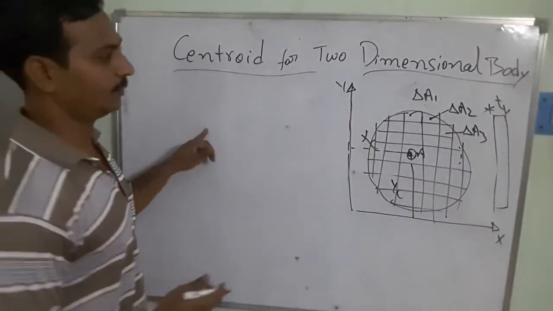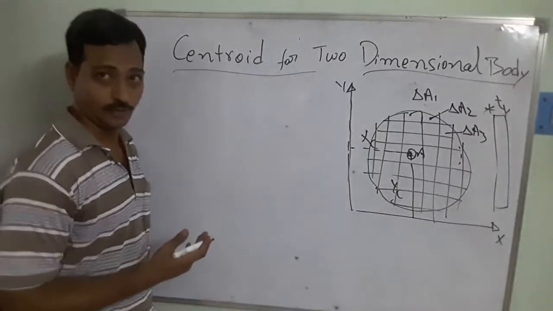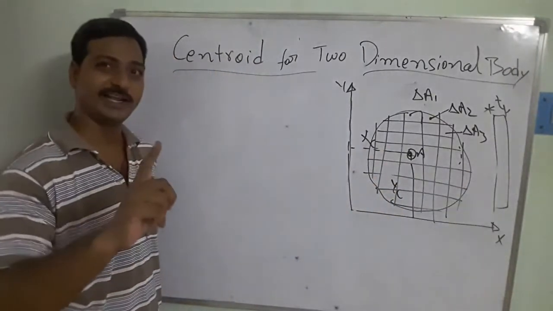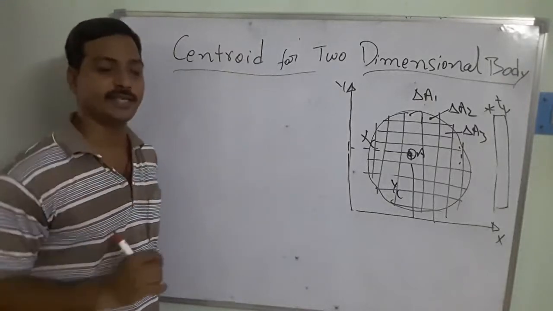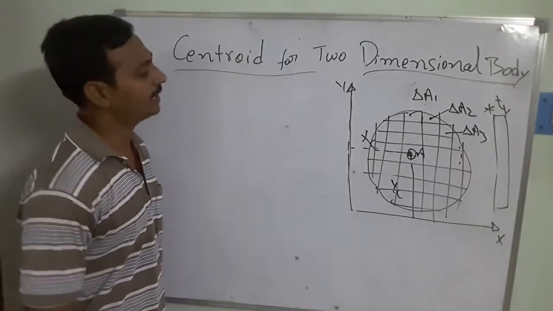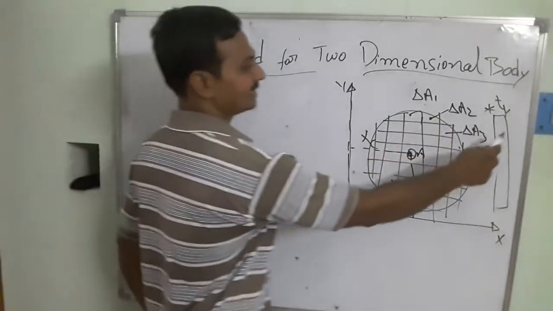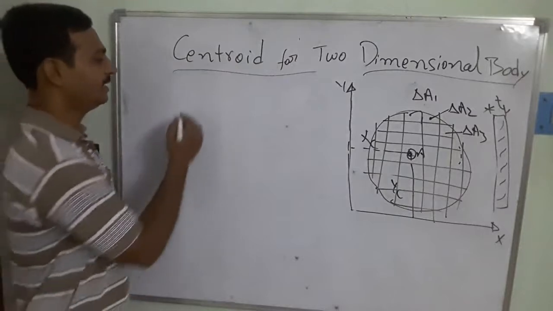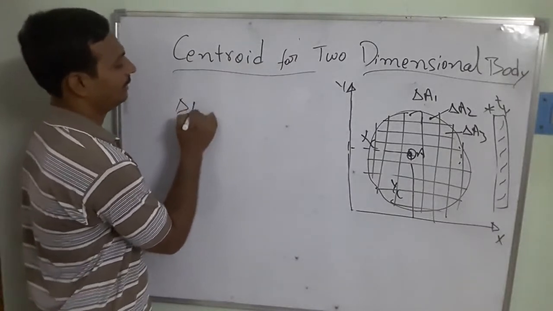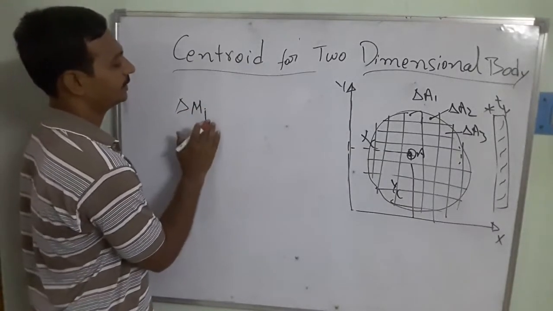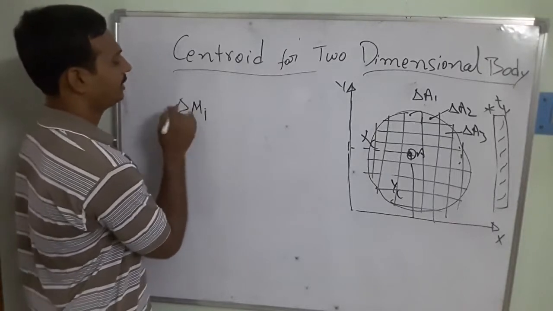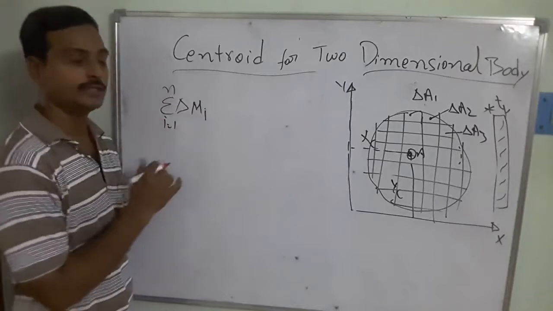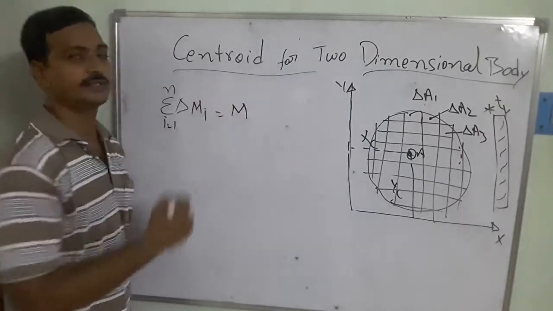In the last classes, we saw that for a three-dimensional object only one dimension is neglected because it has a uniform cross section. That body has a certain mass. The total mass is the sum of mi, from i equals 1 to n, which is the total mass of the system, right?